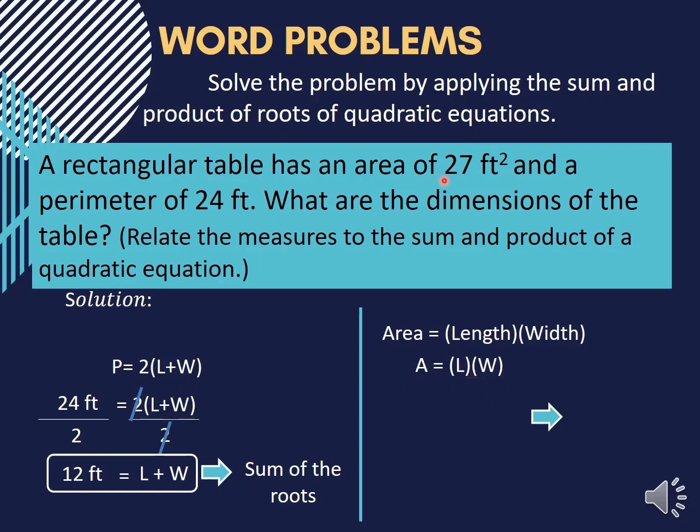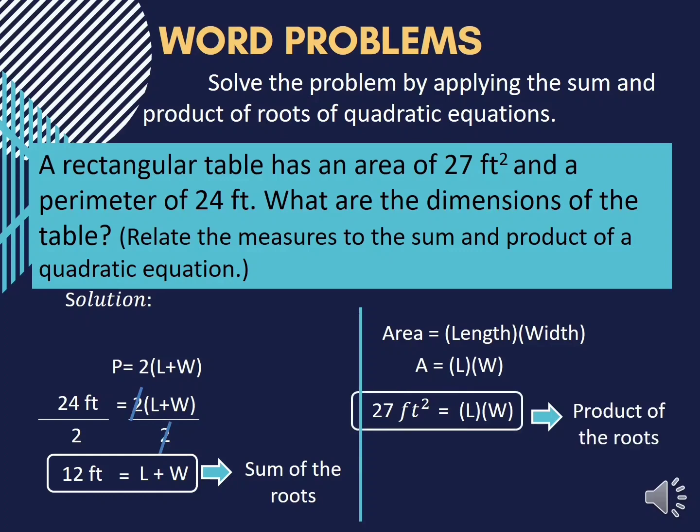Let us substitute the value. The area is 27 square feet. So, we have length times width. This is already the product. Length times width, or x sub 1 times x sub 2, so that is already the product of the roots.